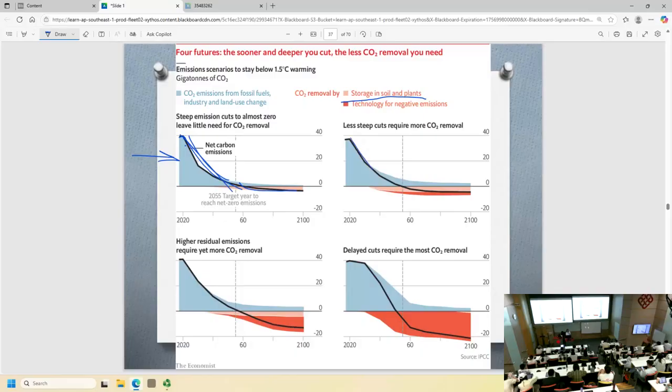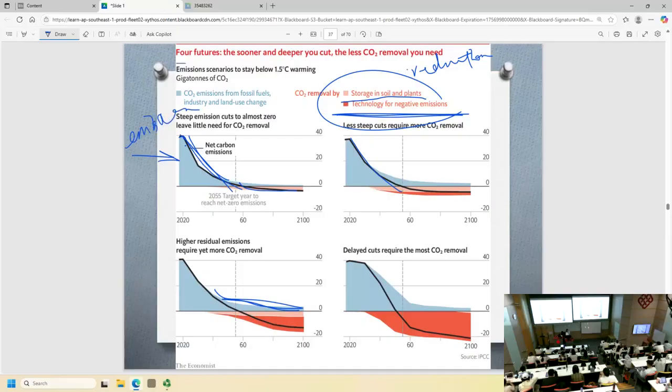But if it is less steep and you still want to reduce the carbon dioxide emissions, then you may need to employ technology for negative emissions. So you need to employ some advanced technology, maybe some carbon capture mechanism and so on. So if you still have some residual emissions, the blue color is the emissions, while the orange color is the reduction.